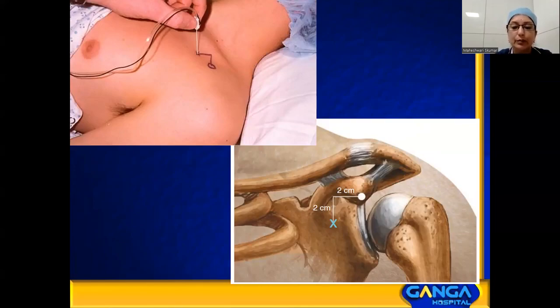With our other hand, bring the shoulder of the patient closer to you. As the shoulder is brought closer to the body and your finger is palpating below the clavicle, moving from the medial to the lateral end, the first bony prominence we will come in contact with will be the coracoid process. This coracoid process is marked with a skin marker, and the point of entry is taken 2 centimeters medial and 2 centimeters inferior to this point.